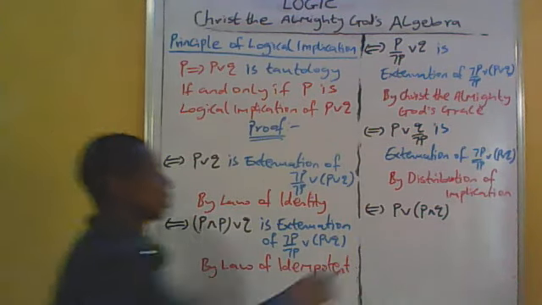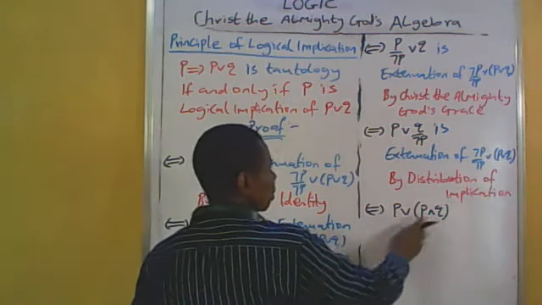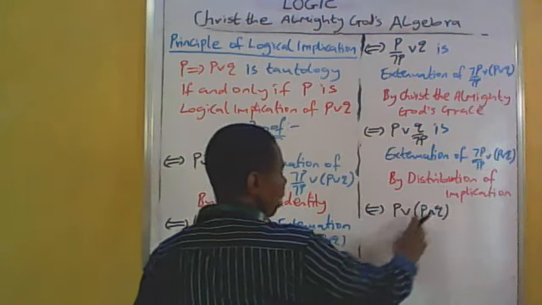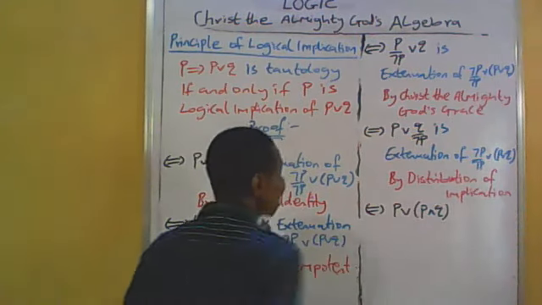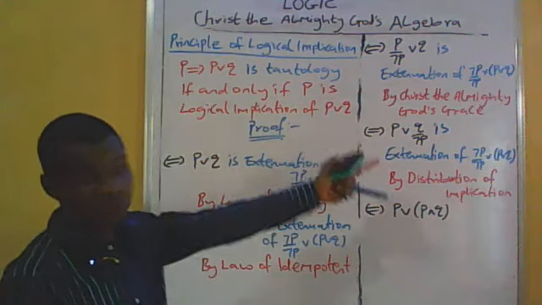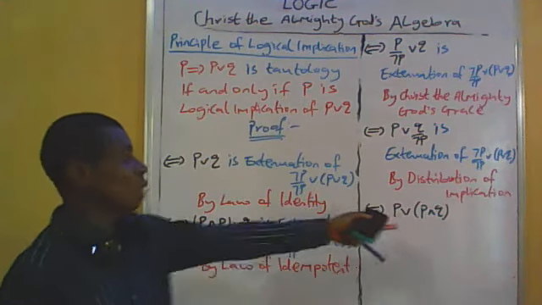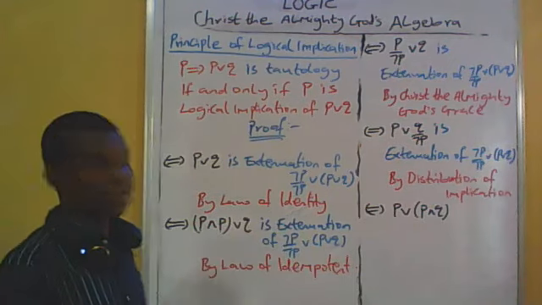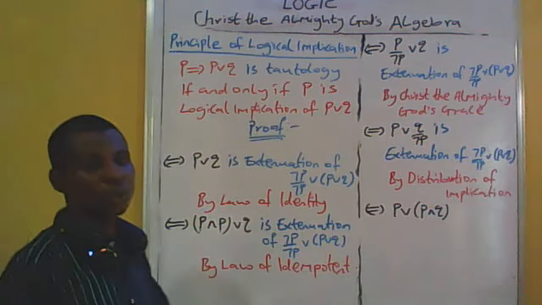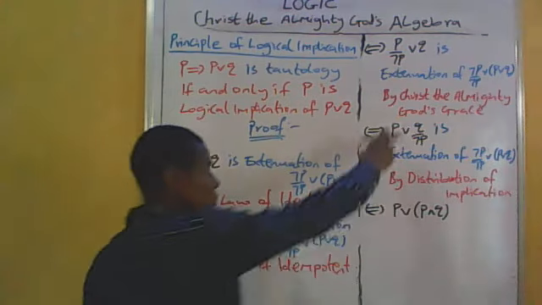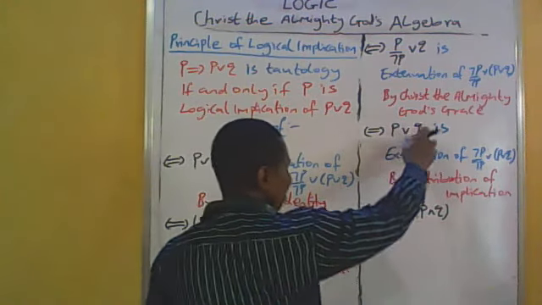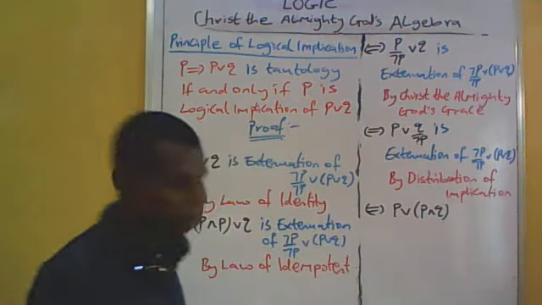That's why I have P and the Q. So it becomes P or bracket P and the Q. And now it's no more equivalent to P or Q. It's now P. So it's not estimation of this P or Q upon not P, that means P or Q.